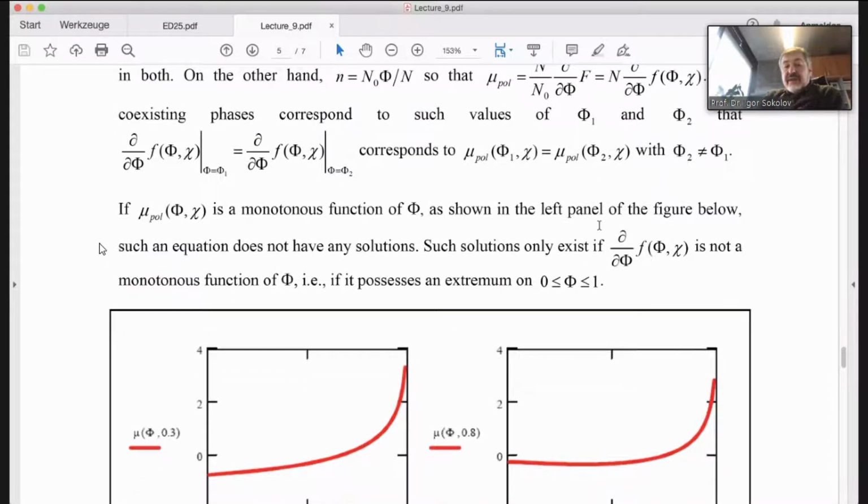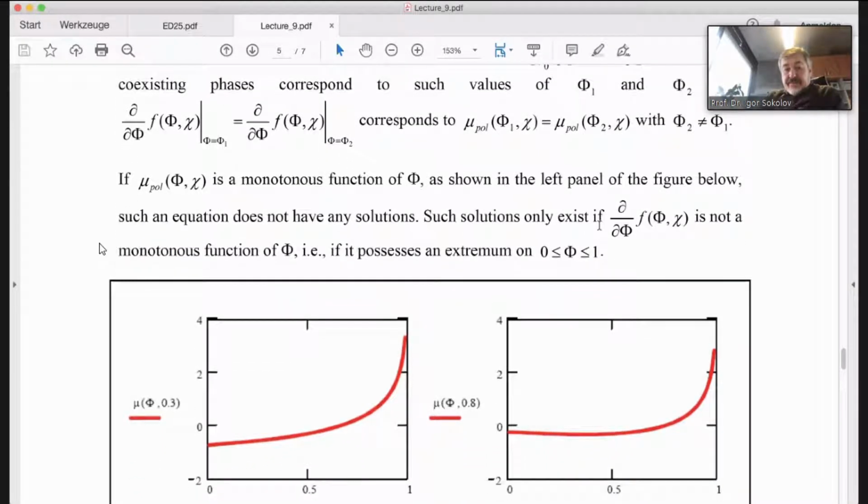Now, in order to have the solution, you have to be in a situation when your chemical potential, which is proportional to the derivative of this function with respect to phi, is non-monotonic.